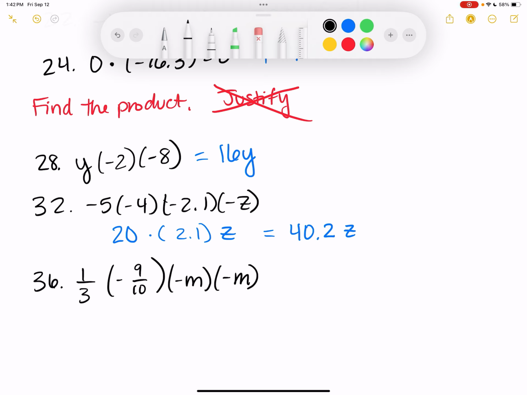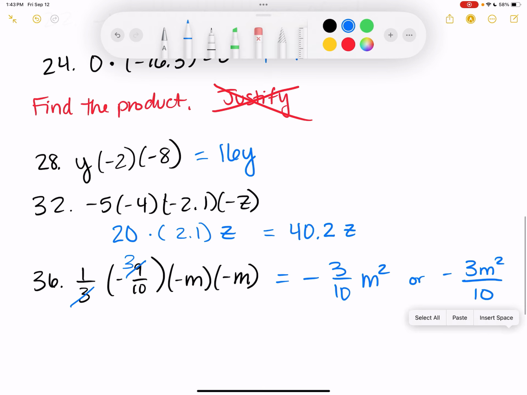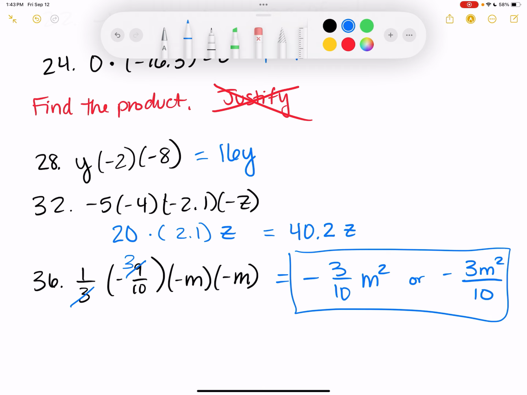There are 3 negatives, so that means it's going to be negative. 3 and 9 reduce, so I've got 3 over 10. Then m times m is m squared. You can either write it this way, or you can write it as negative 3m squared all over 10. Either of those would be fine for your final answer. It does not matter which way you write it. They mean the same thing. Can we do that in this class only, or in the future too? All the time.